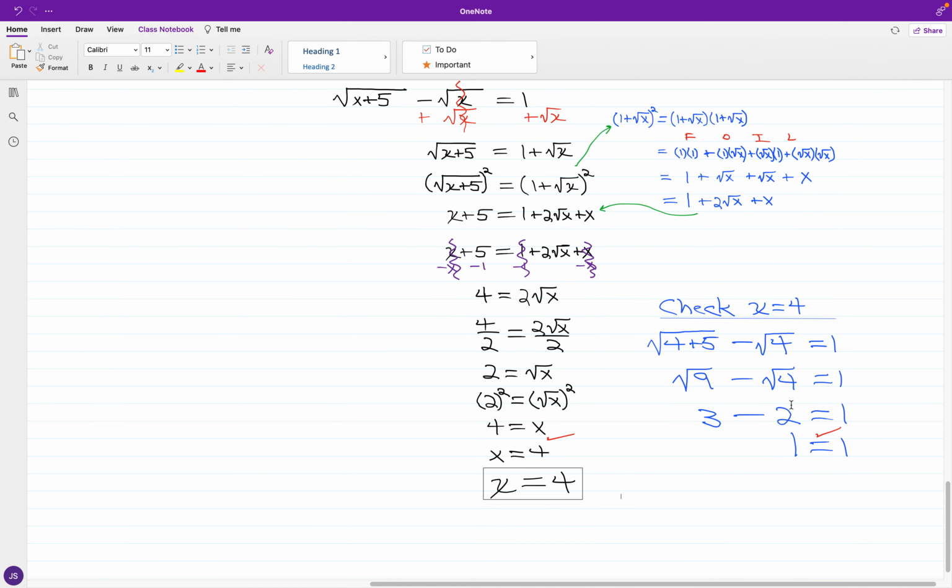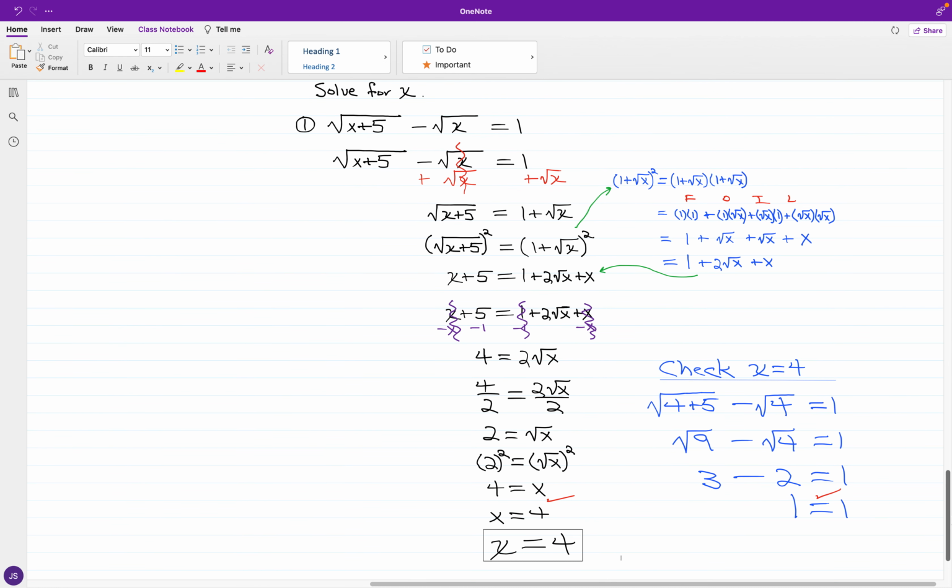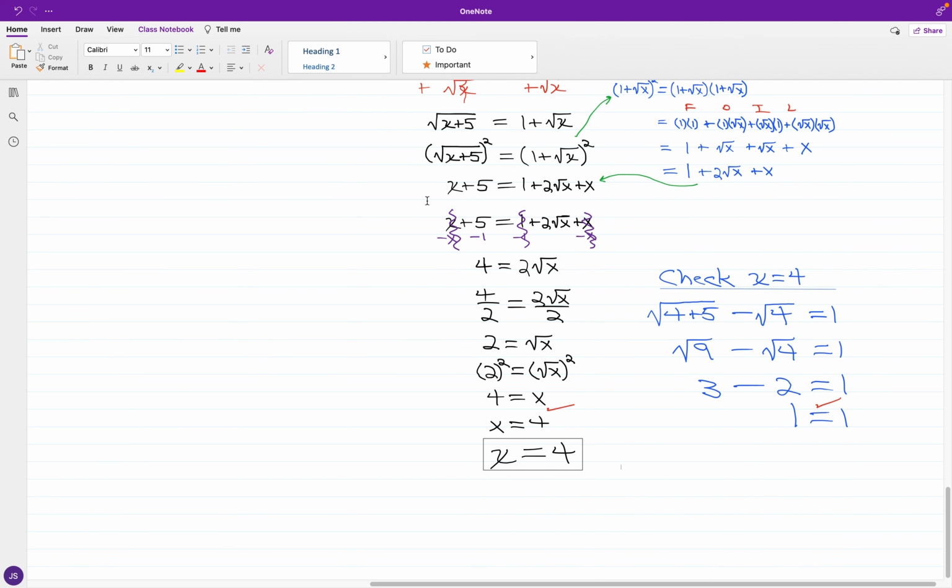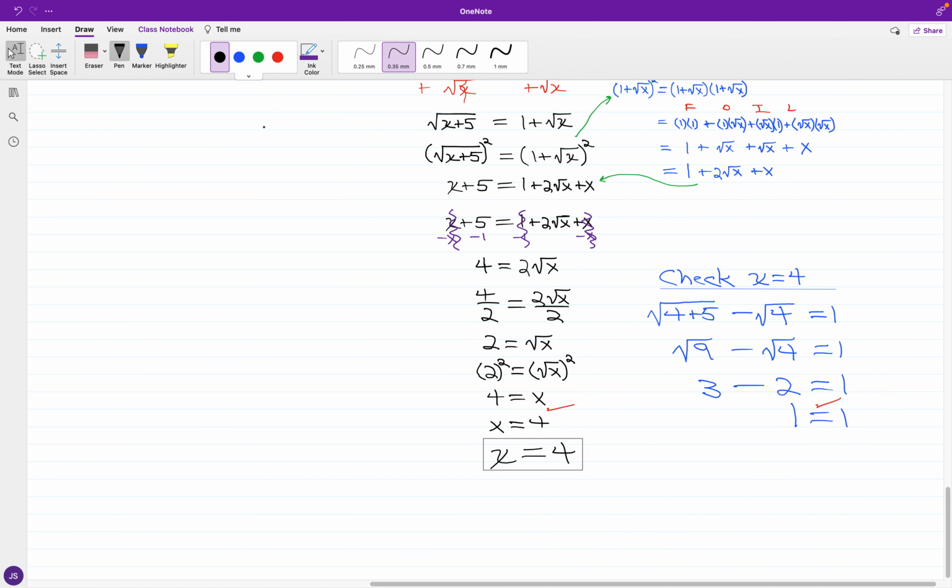Okay, and so we do have the unique value at 4 for this difference of radicals. And to tell you what, this is for an equation with 2 radicals.